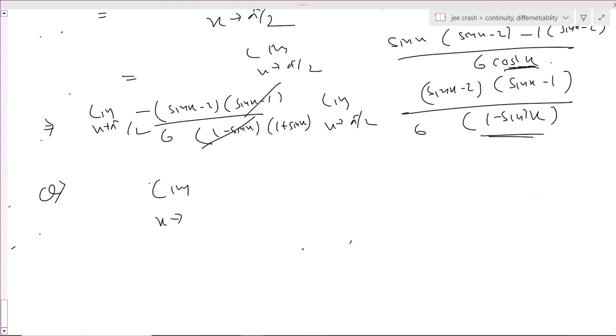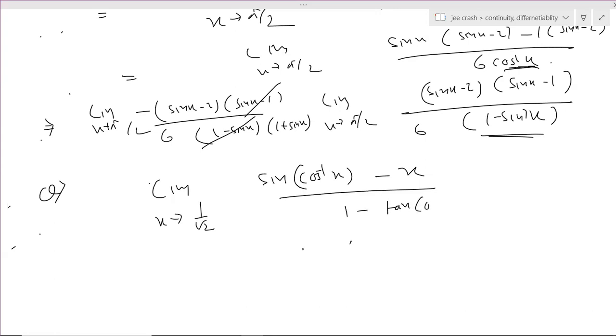Limit x tending to 1 upon root 2, sine of cos inverse x minus x, whole divided by 1 minus tan of cos inverse x. All right. So let's try to put the value x equals 1 by root 2.